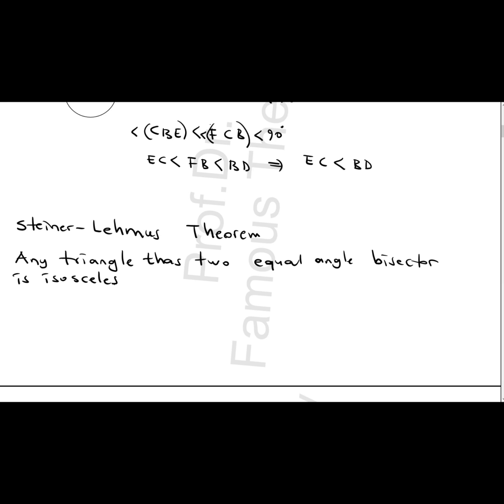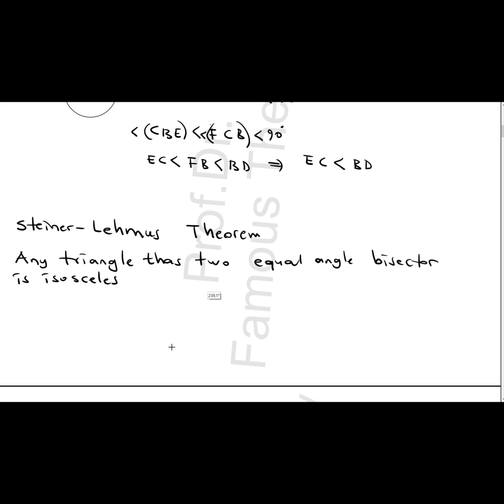So any triangle, if it has two equal bisectors, then it will be an isosceles triangle.